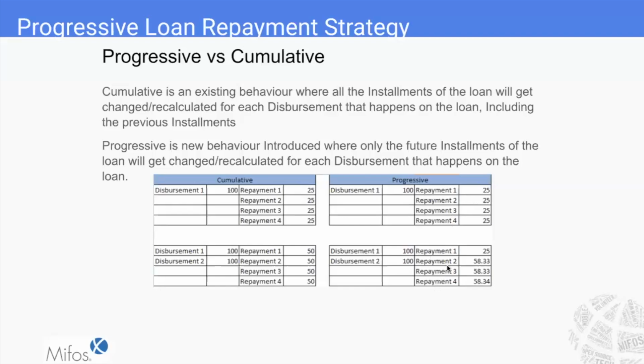That is, in this example, only the three installments will now be divided of this 100. So 25 plus the remaining will become 58.33. Repayment one will still be 25 because it had only one disbursement. So this is the major change we made in the progressive calculation.